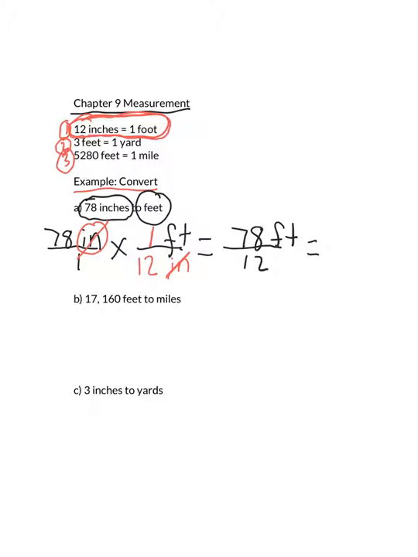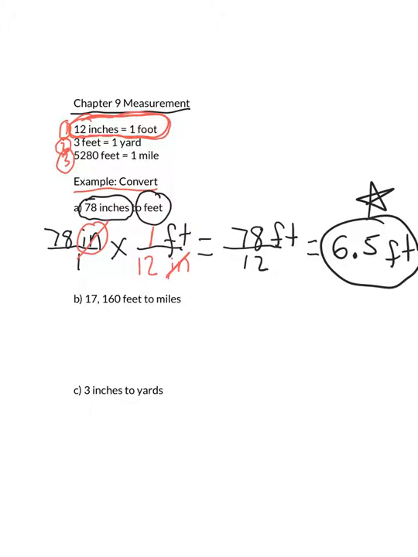Yes, you're definitely going to want a calculator handy when you do the homework and when you take the test. In fact, you're going to want access to a calculator for the rest of this course. If you have a graphing calculator, even better for when we hit the probability and statistics chapters later on in the course. But 78 divided by 12 gives me 6.5 feet as the final answer. So 78 inches is the same as 6.5 feet.